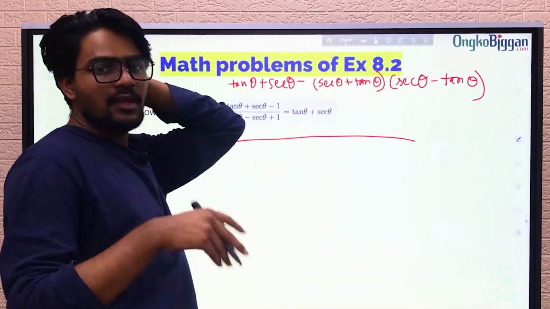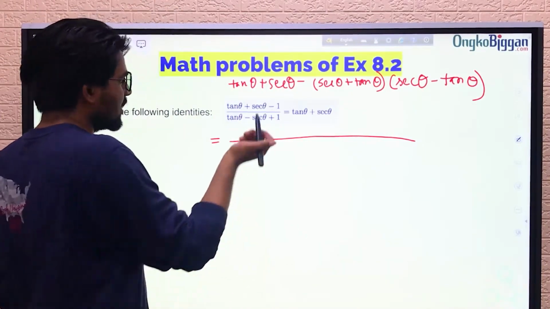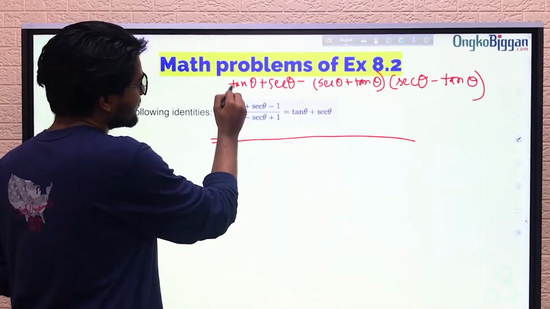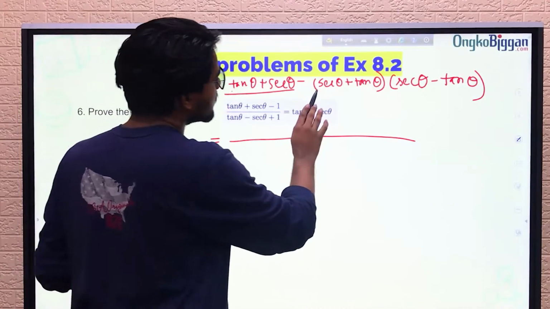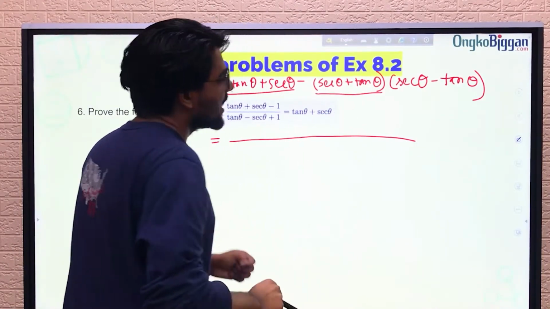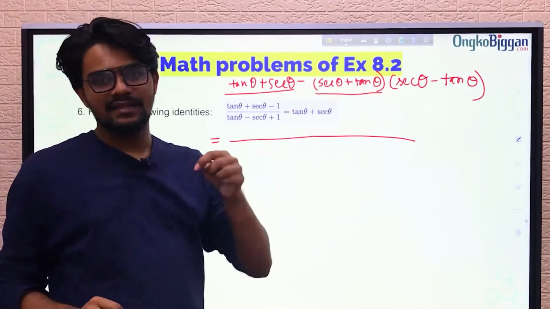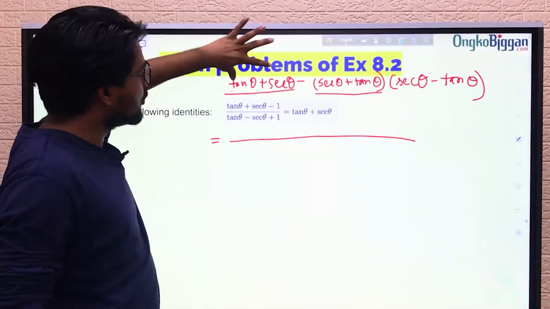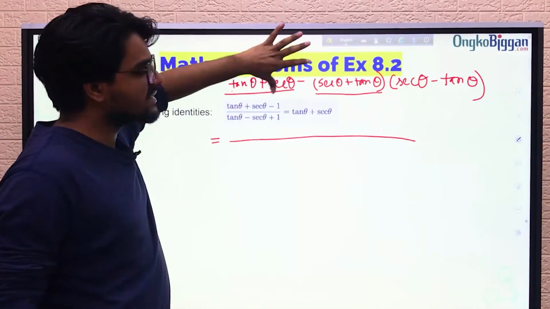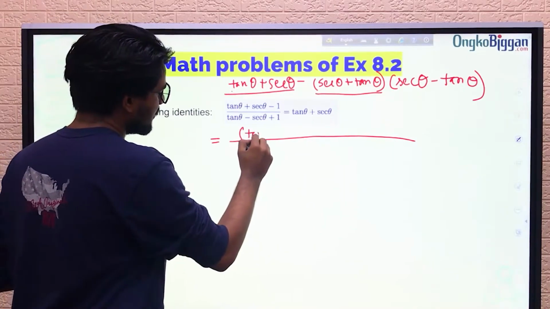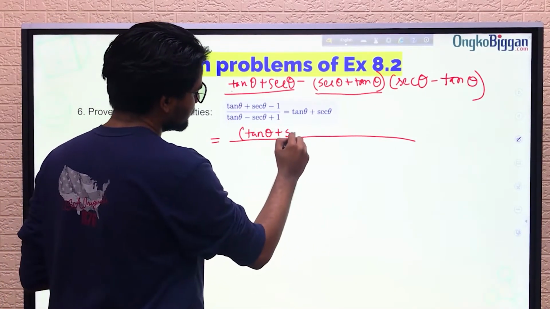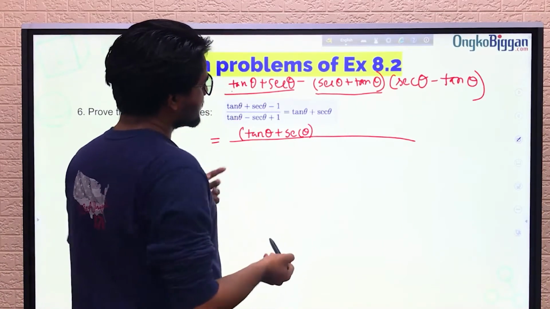The denominator stays the same throughout. We have tan theta plus sec theta here, and we also have tan theta plus sec theta multiplied with sec theta minus tan theta. So we can take both these terms common. We get tan theta plus sec theta as common.